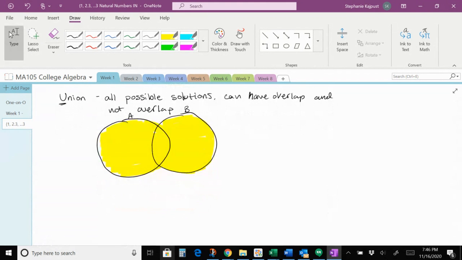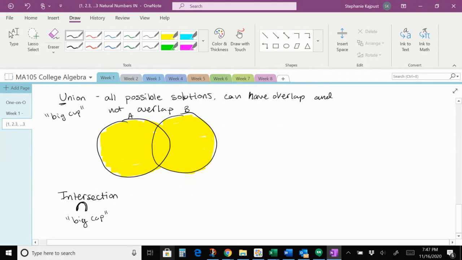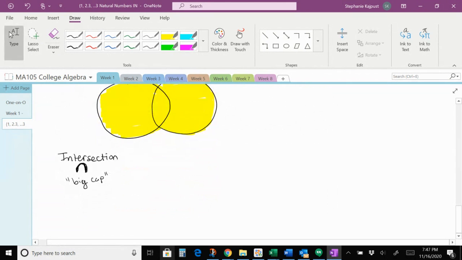So the opposite of the union is the intersection, which that symbol is the upside down U. And actually, in math terms, the union symbol is called big cup, and then for whatever reason, the big cap is the name for this symbol. I don't know why it's called cap, but it's basically an upside down U. And so that is only the overlap.